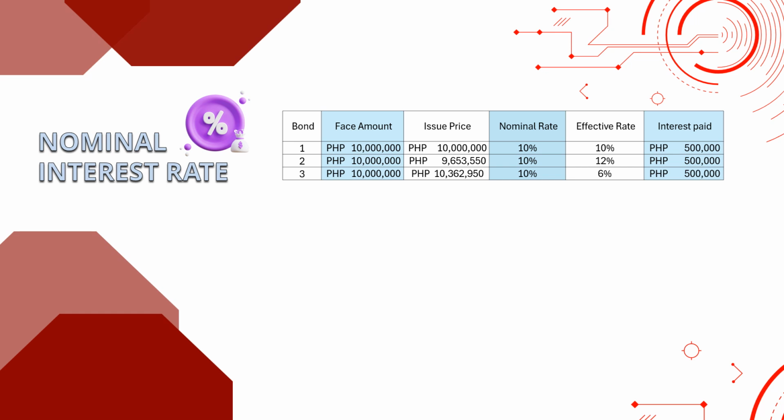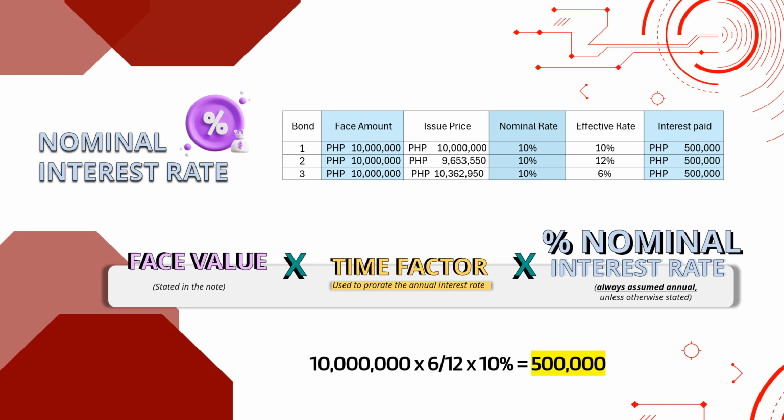So nominal muna tayo. They have the same nominal interest rate, which is 10%. So their interest paid is equal to 500,000 because this is paid semi-annually, right? So, the idea here is that your nominal interest rate will dictate how much yung interest na babayaran mo for a particular bond.